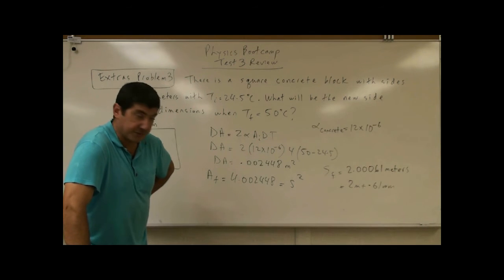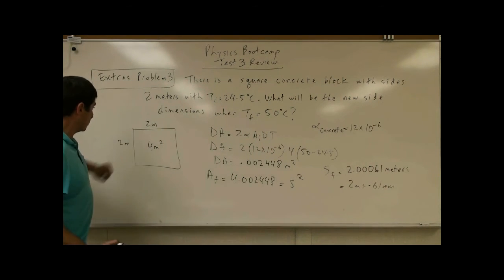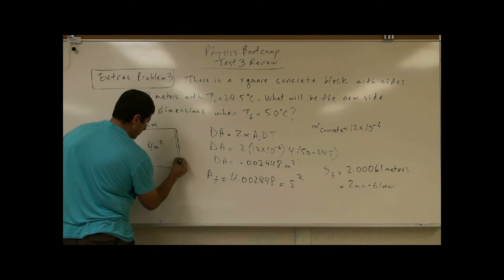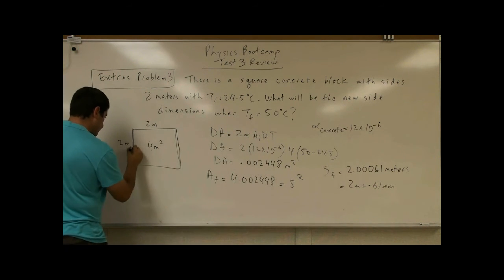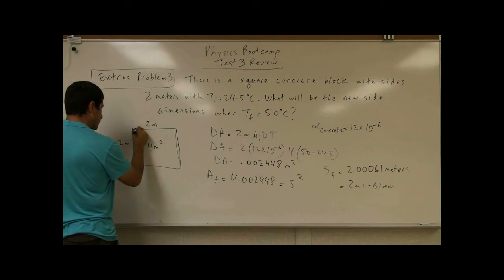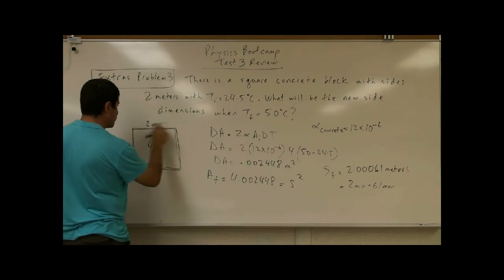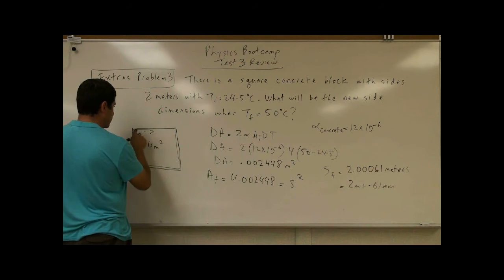Okay, so what happened here? Well, the block here expanded on each side, this way, here. Okay, so the new side is equal to what? Well, the original side was 2 meters.